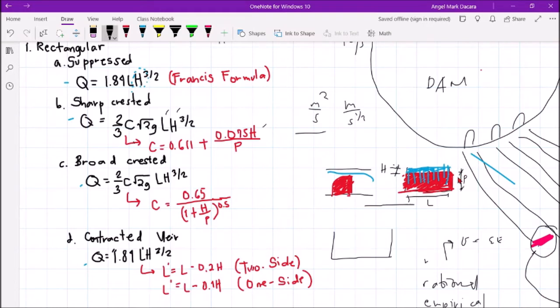It is better to define muna yung formula bago tayo mag-atake sa mga solving. So, ganun lang. That's still direct substitution. Pag sinabing rectangular weir at walang binigay na C or constant, at walang sinabi sa problem, automatic Francis formula ang gagamitin mo.